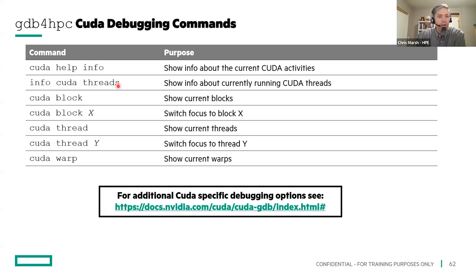And I have a printout of this later. This shows you basically information on the running threads. And even in a simple application, this generates a lot of output. And so there's kind of a lot to take in. And I think you need to have some practice to really make good use of this.